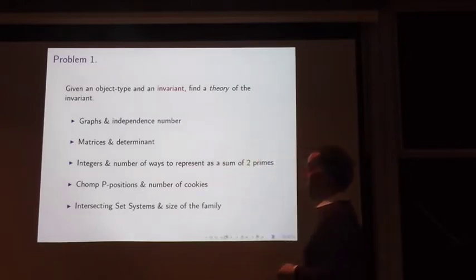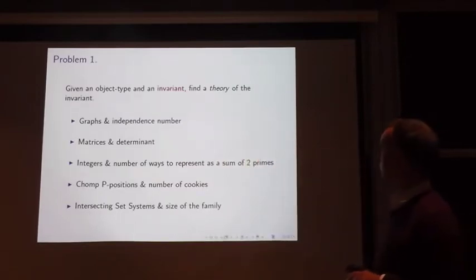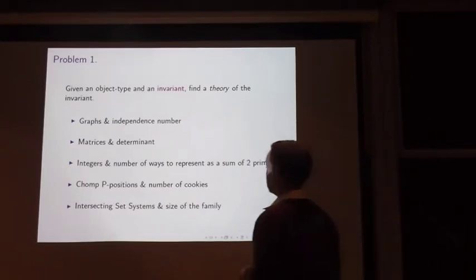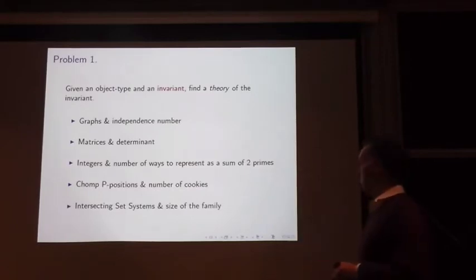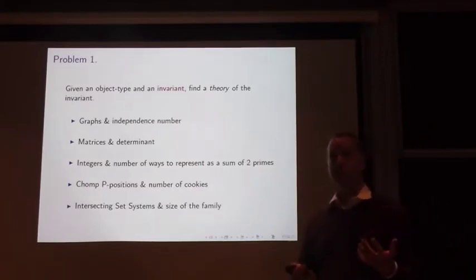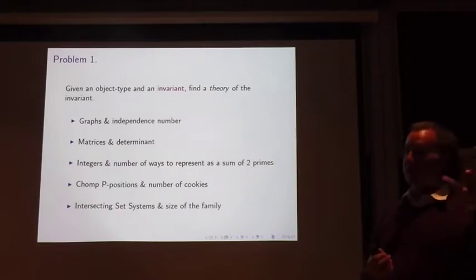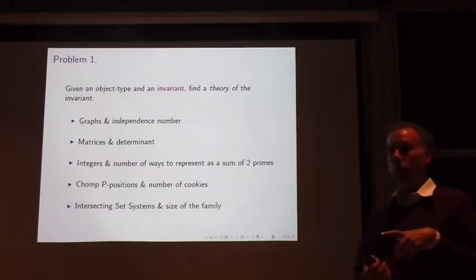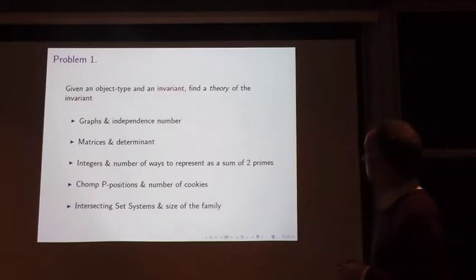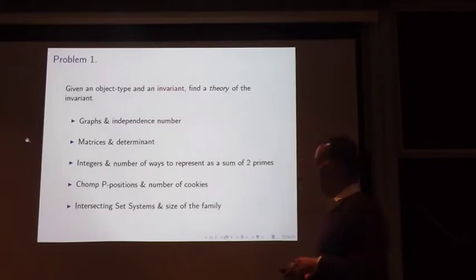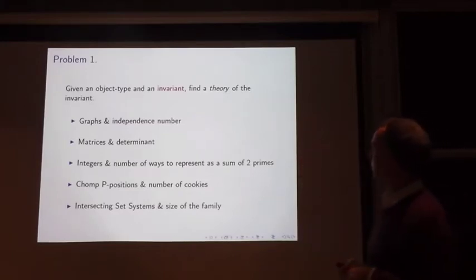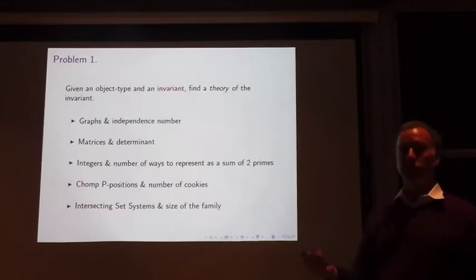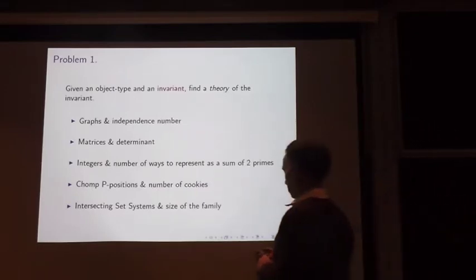Doron's written a bunch of papers on chomp, and our very first project on playing with this code, we did some stuff with chomp positions. A number of cookies would be, or some sort of a game with cookies on the board. I'll show you a picture later. But the number of cookies would be a chomp invariant, some number associated. And intersecting set systems might be another kind of object type. For finite intersecting set systems, the number of elements of the family would be an associated number.